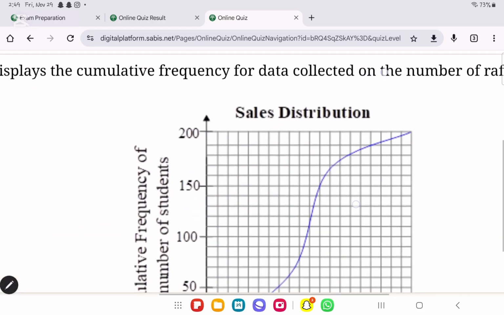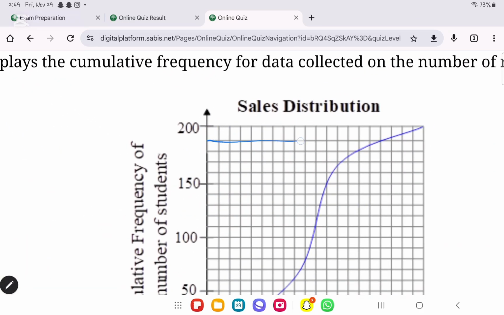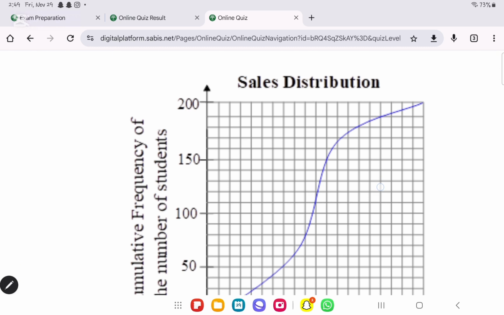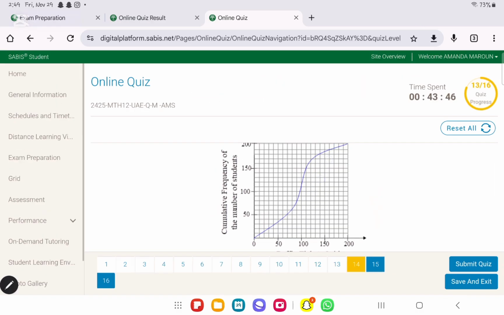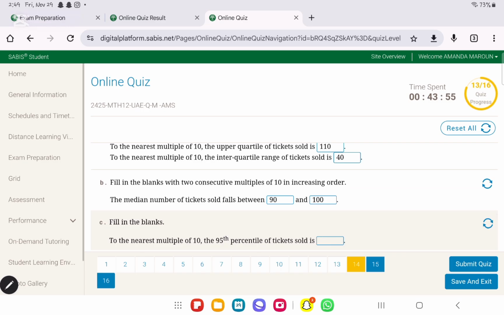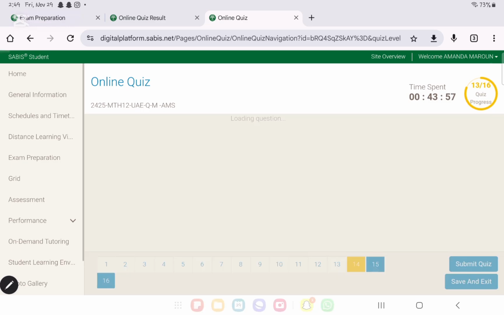So now we go to the cumulative frequency. We choose 190, which is this point over here. Then we're gonna go down, and it is approximately 160, I believe. So our answer over here is 160.